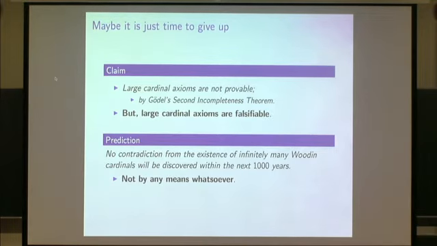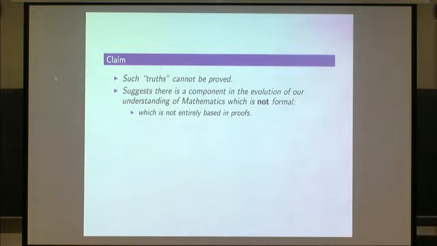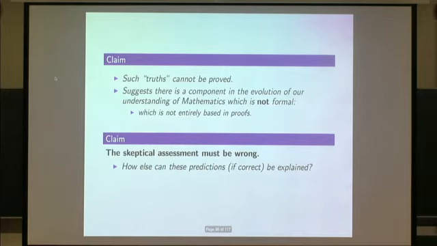I mean, you either have to take the position that truth could be, we wait 1,000 years, but such truths that there is no falsification of an axiom, you can never prove that. So it suggests there's a component in the evolution of our understanding of mathematics which is not formal, which is not entirely based in proofs.